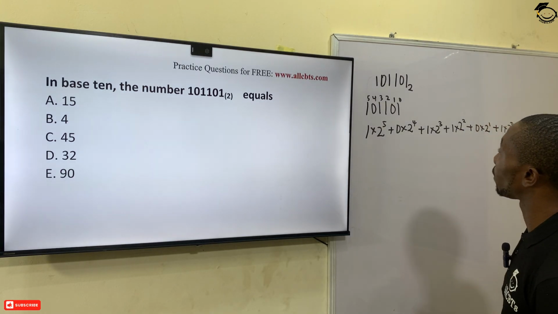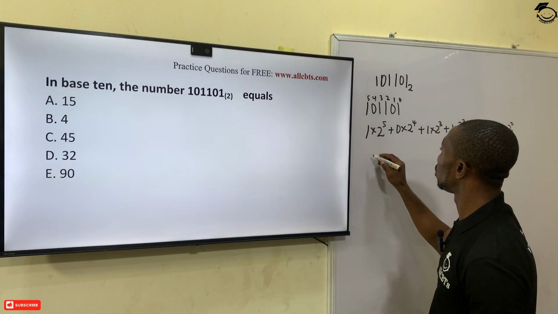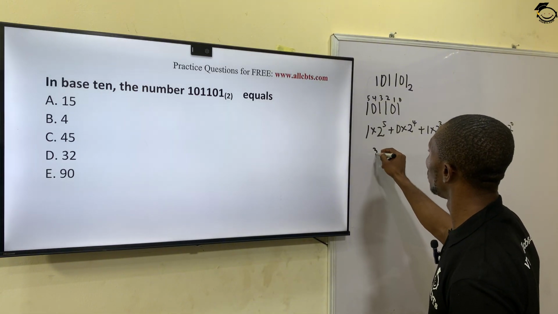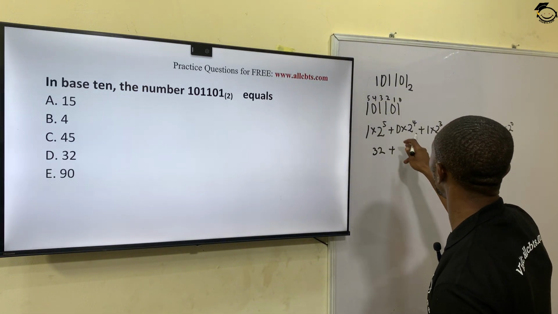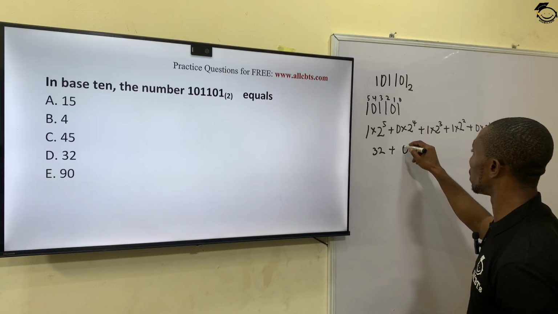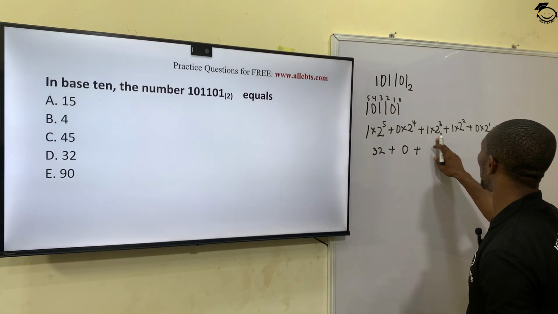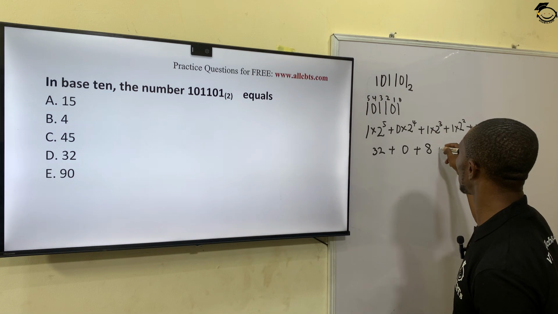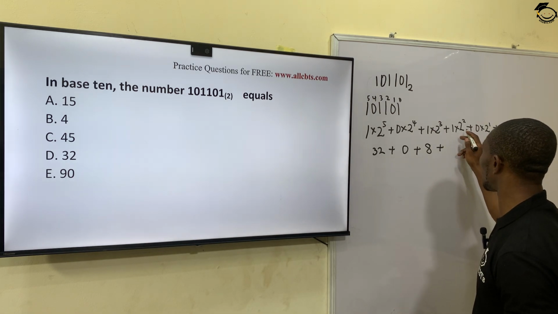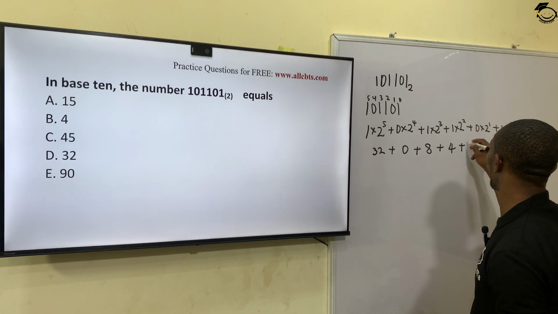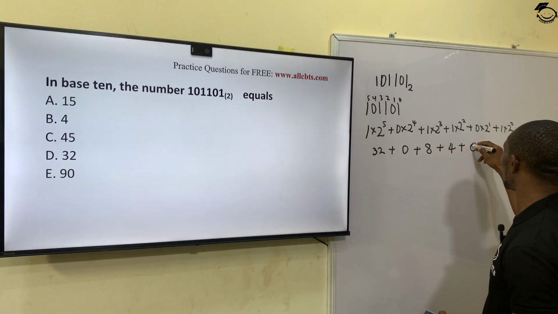Now, 2 raised to the power 5 will give us 32. So this becomes 1 times 32, 32, plus 0 times 16, 0, plus 1 times 8, 8, plus 1 times 4, 4, plus 0 times 2, 0.